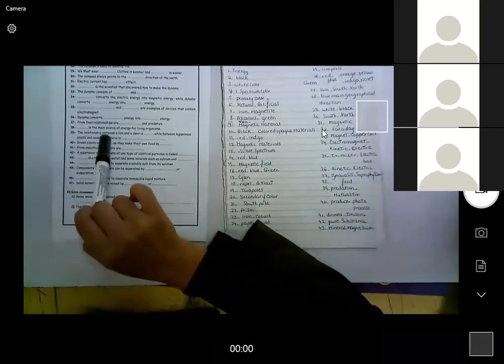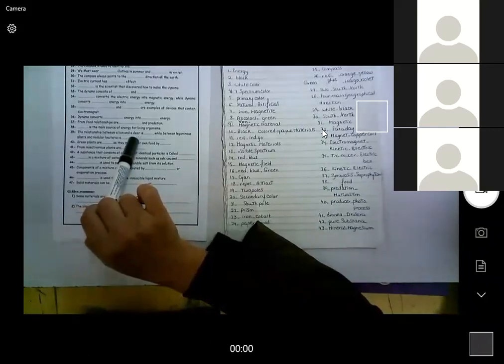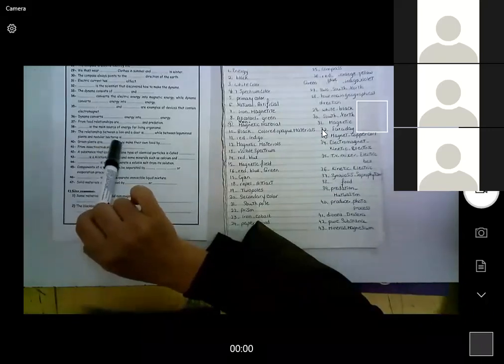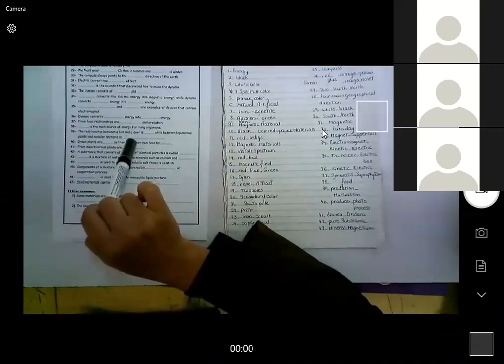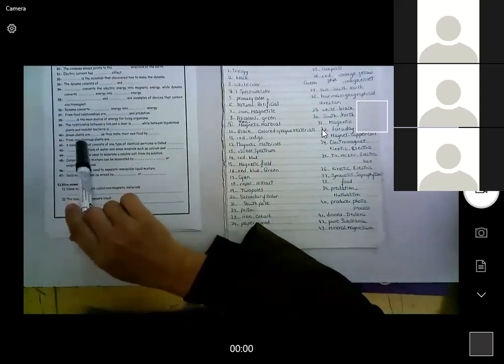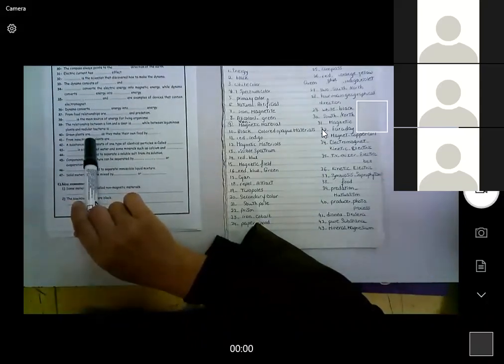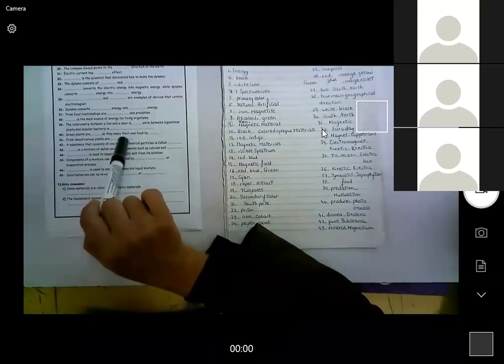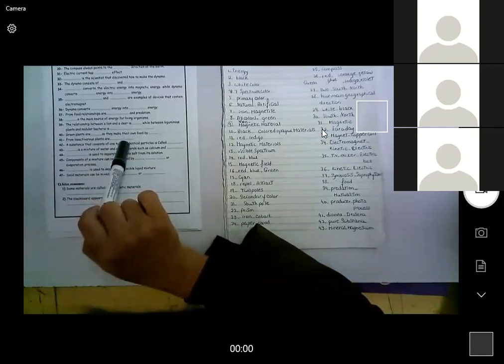The relation between lion and deer is called predation, while between leguminous plant and nodule bacteria is called mutualism, because both benefit from each other. Green plants are producers, and they make their own food by the photosynthesis process.